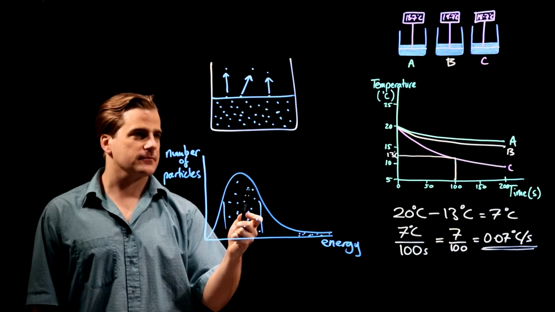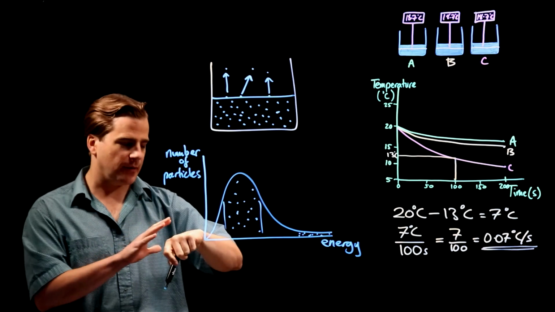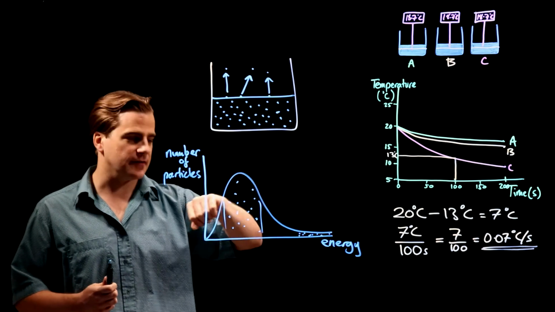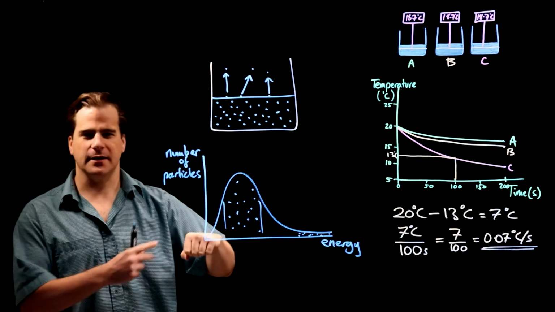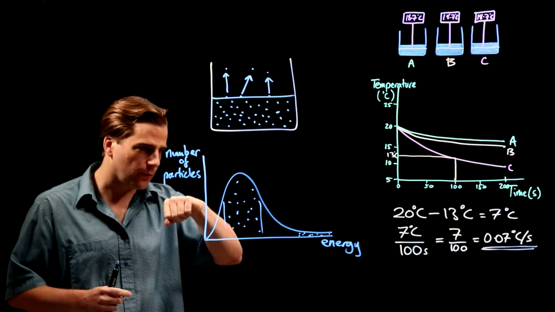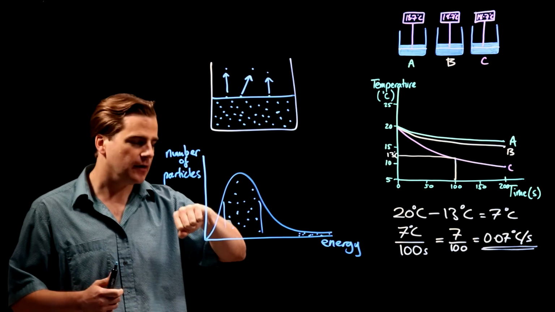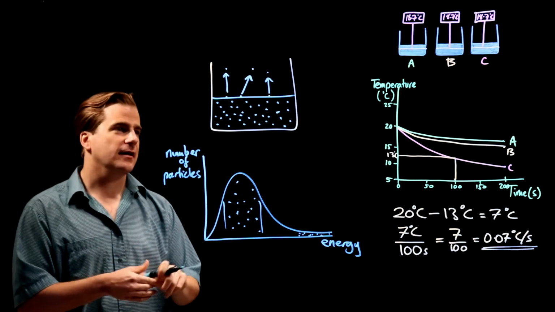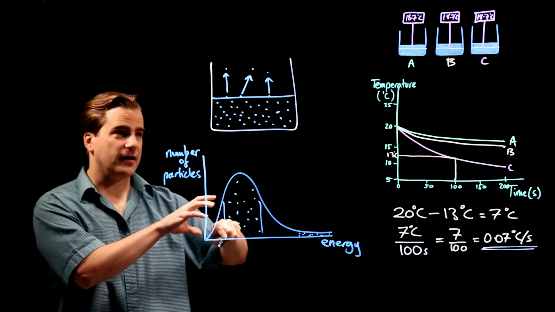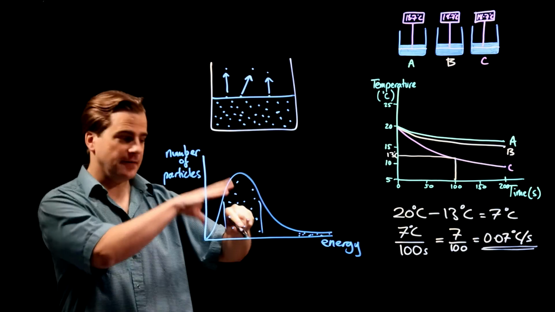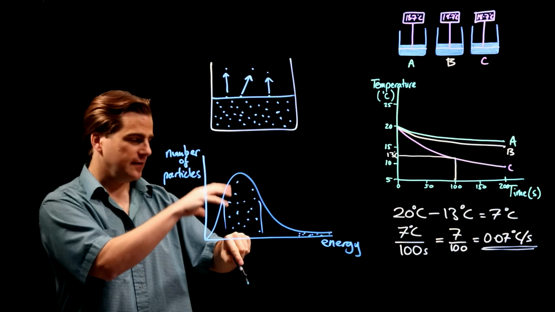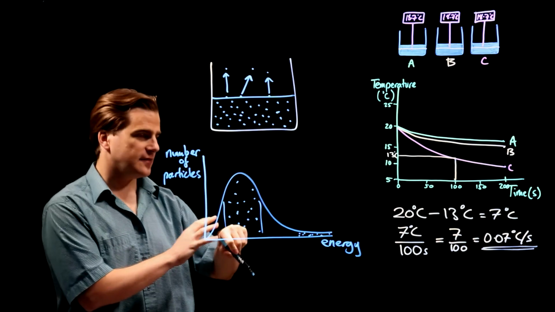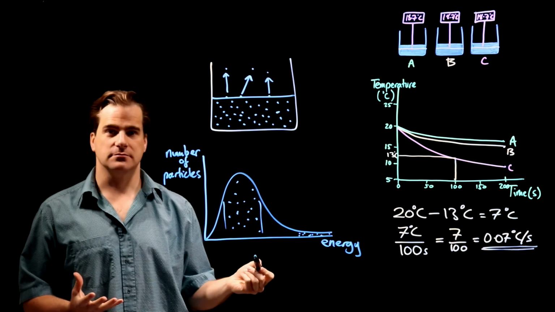So the reason it feels cold as you blow on it, the blowing makes the evaporation a bit faster. So if you just lick it and leave it, it still might feel a bit cold, but if you blow on it, it accelerates the evaporation. The reason you feel cold on the back of your hand is because all the fast particles are escaping, they're evaporating, and it's cooling down the liquid that's on your hand, and so it feels cold.